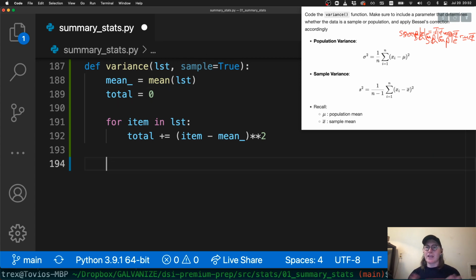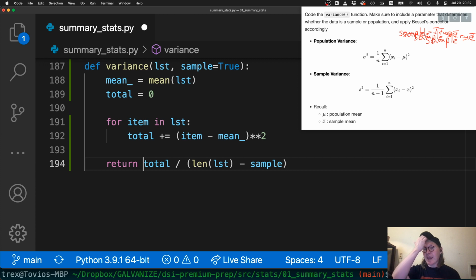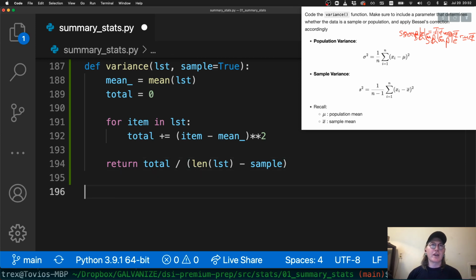So instead of asking if sample do this, else do this other thing, we can just divide total by the length of that list, which is n, minus sample. So that's a simple way to handle that without needing to perform a conditional check.